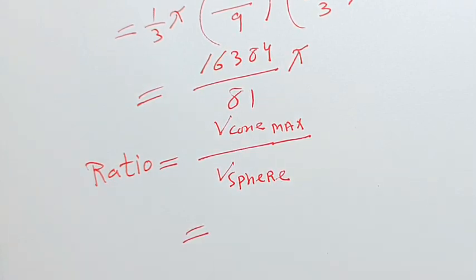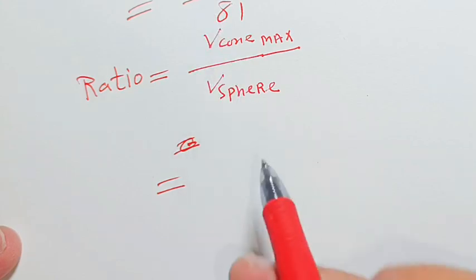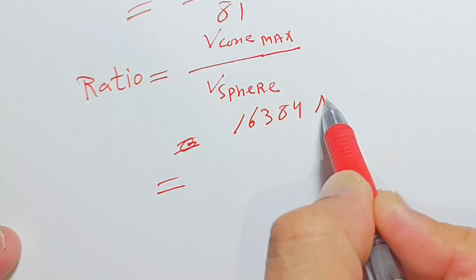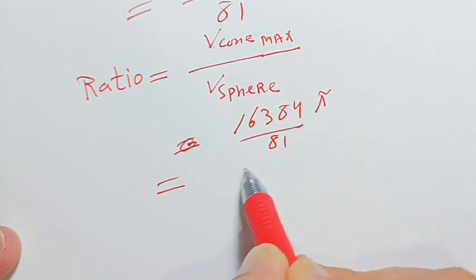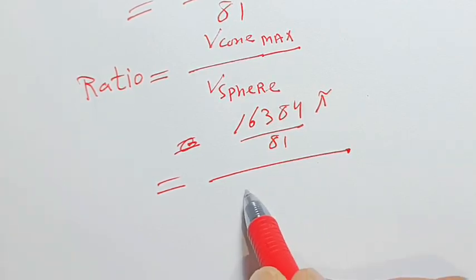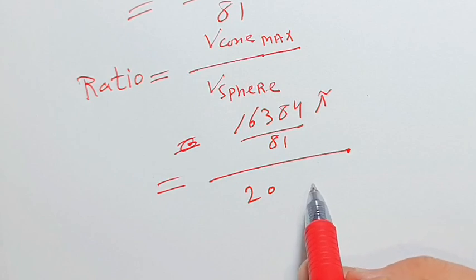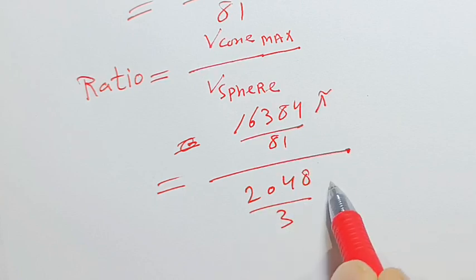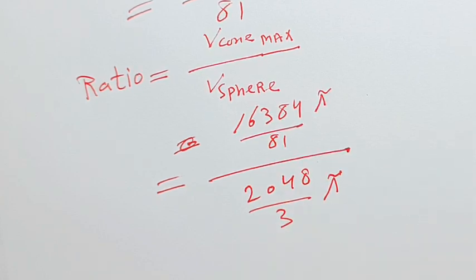Remember, in the question he wants us to determine the ratio between the largest volume, which means the maximum volume of the cone, and the volume of the sphere. The volume of the cone we have is 16,384 pi over 81, over the volume of the sphere we have, 2048 over 3 pi.